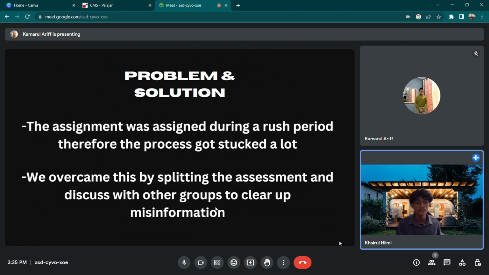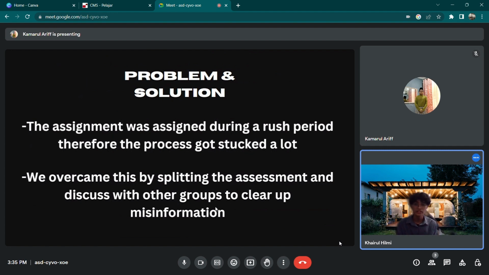Okay, the last one is problem and solution. Our main problem was that the assignment was assigned during a rush period, therefore the process got stuck a lot. We got this assignment with the midterm break in the middle, so this was pretty much a big obstacle for us to communicate with each other and to manage our time properly.